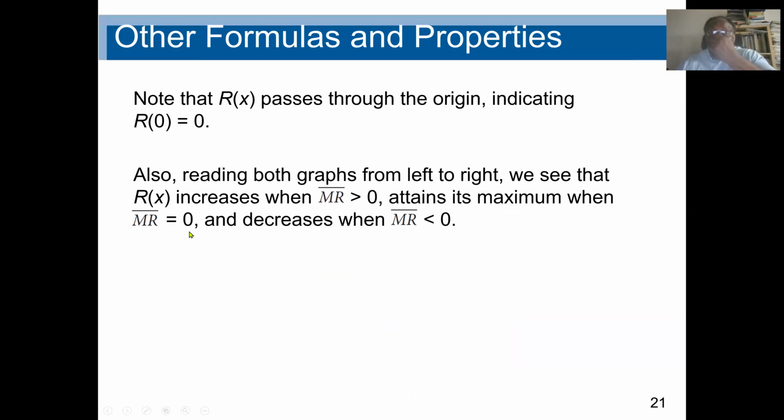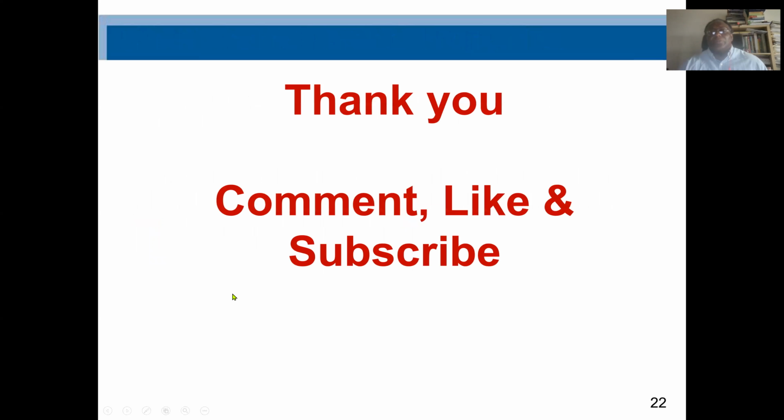Also, we should read both graphs from left to right, and we can see that R(x) increases when MR, the marginal revenue, is greater than 0. This will give us a maximum when MR equals 0 and decreases when MR is less than 0.